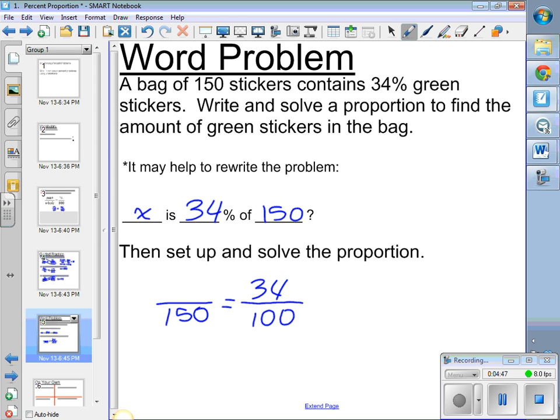So 34 times 150 divided by 100, and we get 51. I forgot to put my x there. All right, 51 green stickers.